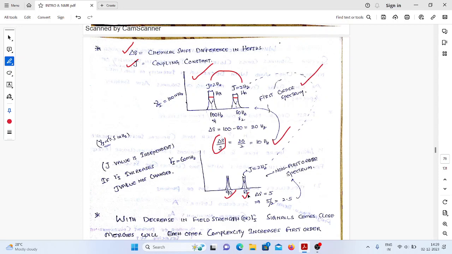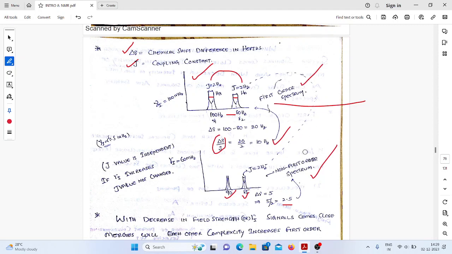So delta mu is equal to 5, and 5 by 2 is equal to 2.5, that is non-first order spectrum. So in this case, what is happening? 90, this is 85. The difference is only 5, but here the difference is higher, or not? It means if the separation is good, that is simply first order spectra. If the separation is not good, that is non-first order spectra.